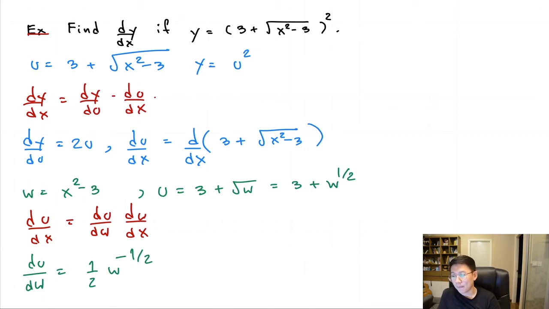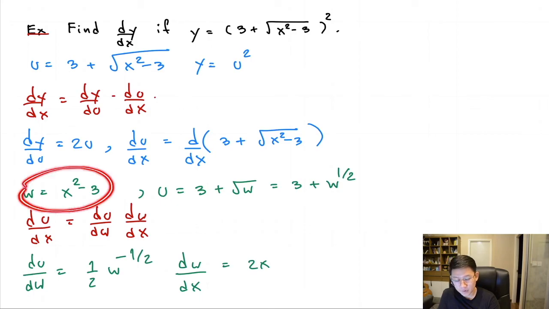That is du by dw. And then dw by dx would be 2x, isn't it? You differentiate this guy by x, you have 2x.